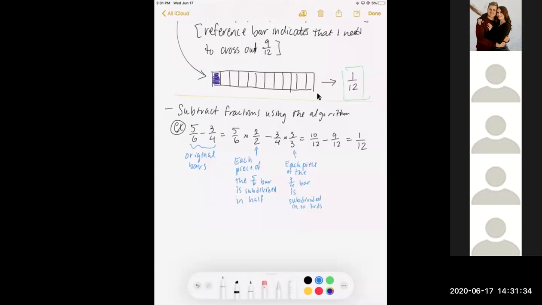Now what we have is new bars that are different size, have different divisions in them. That's 10/12 and the 9/12. And so the original bar and the amount to be subtracted now have the same size pieces.